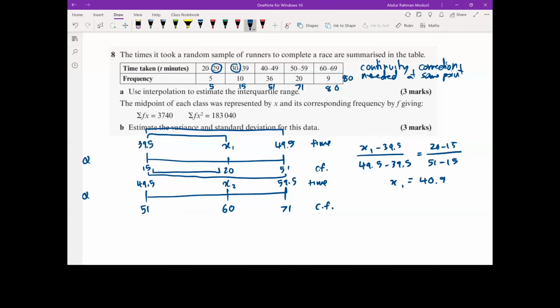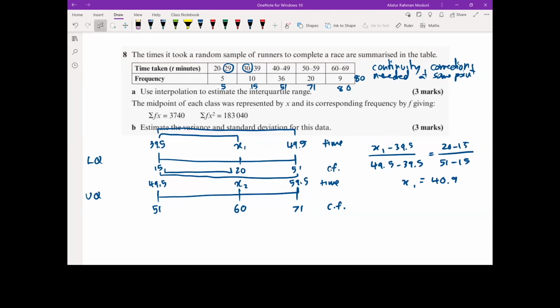I can do a similar calculation for the upper quartile, and I'll work out what my X2 is here. I'll just write the answer down, but it's exactly the same way we approach that. And my upper quartile comes out to be 54 here.